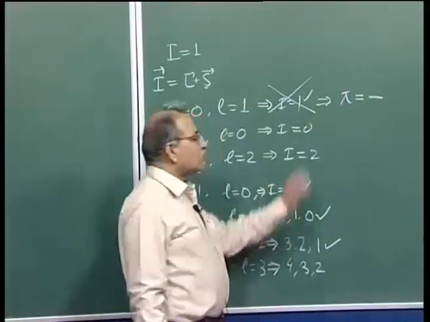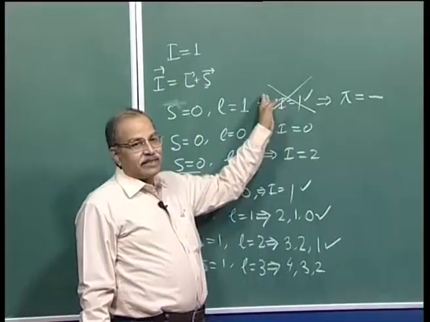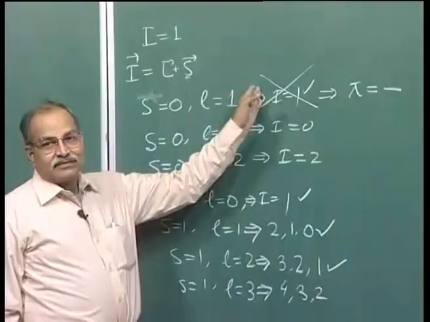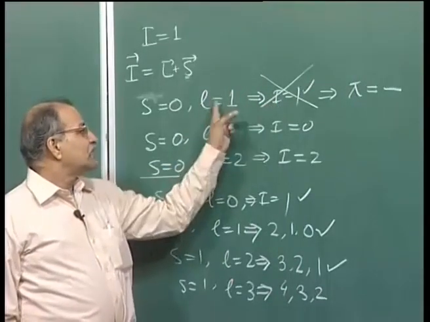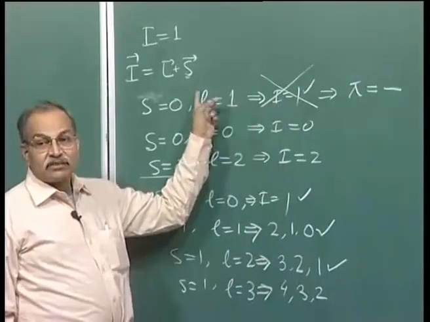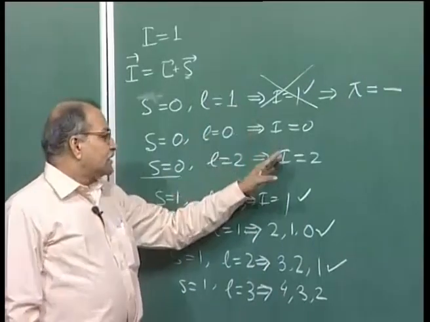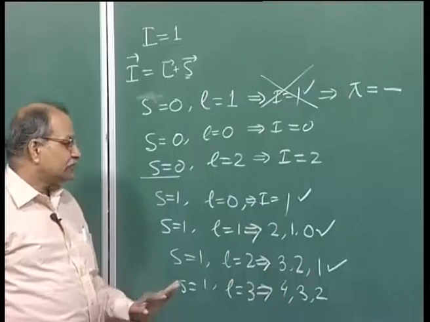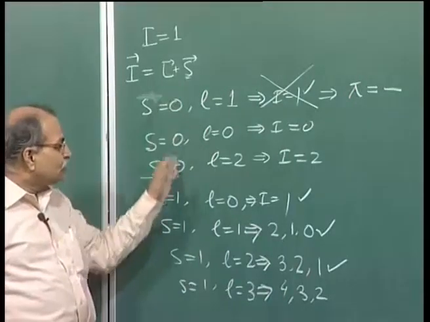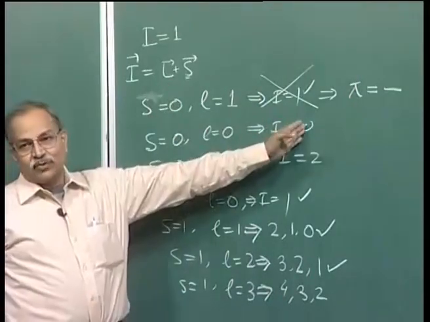The experiments do not suggest that it can be a possibility, right. So, the measured parity is positive, whereas this combination will give me negative parity, L equal to 1. And this is anyway I equal to 2, I am not interested, I equal to 0 I am not interested. So, with S equal to 0 you cannot get I equal to 1.